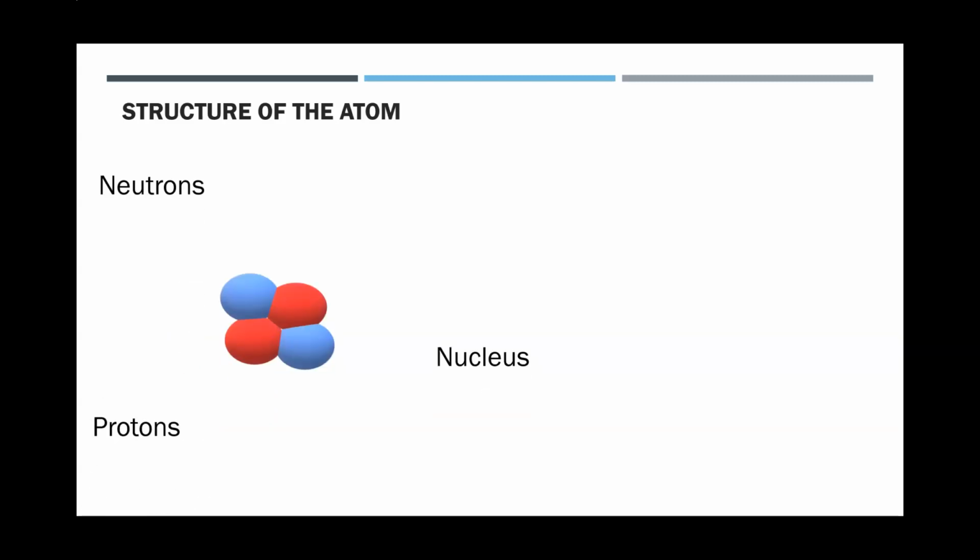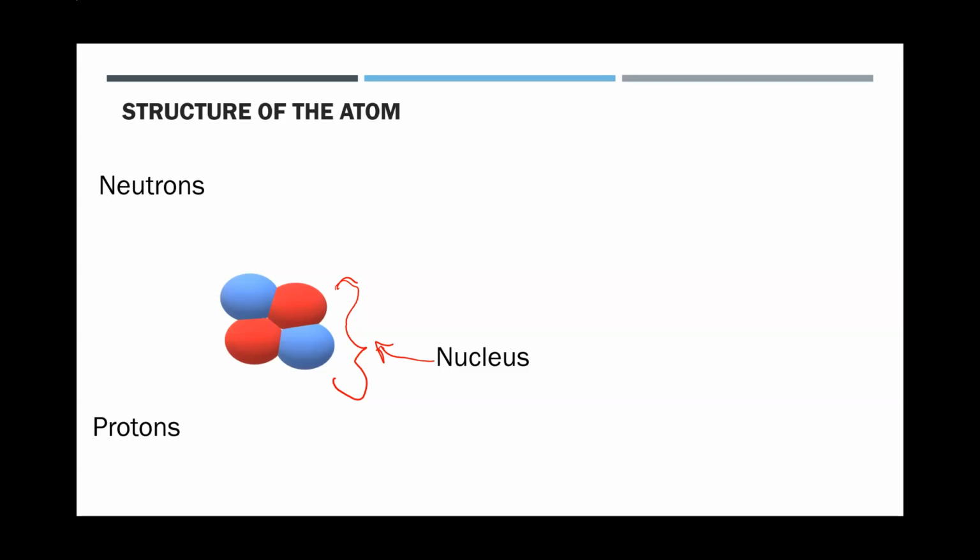If you remember, the central part of the atom is called the nucleus. I'm going to draw a little nucleus there, and the nucleus is made up of two subatomic particles.